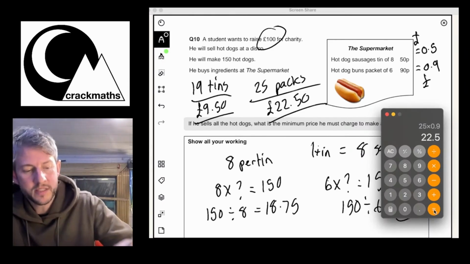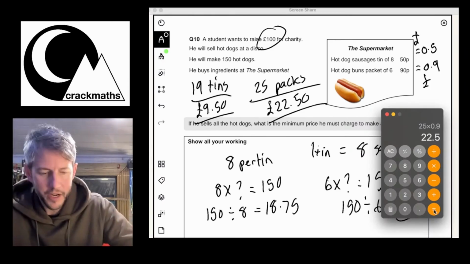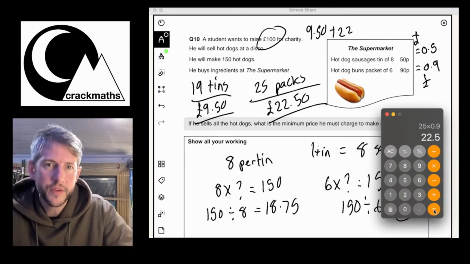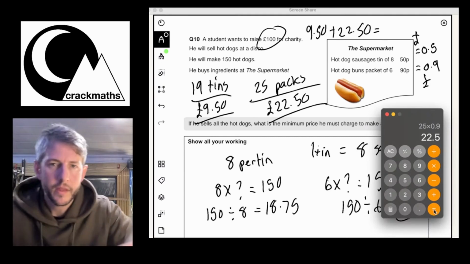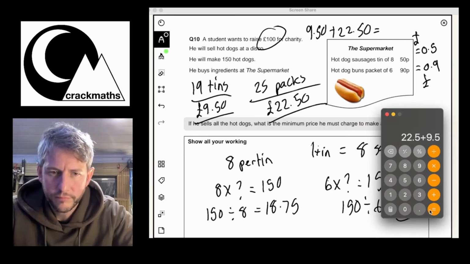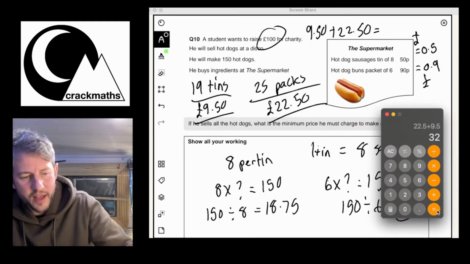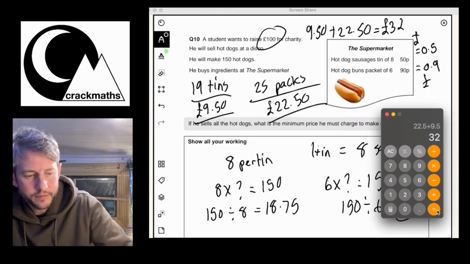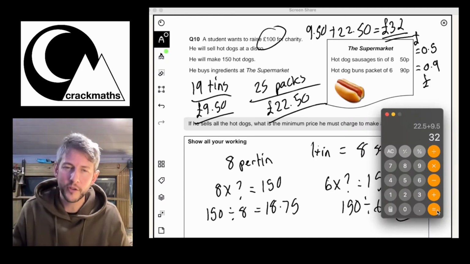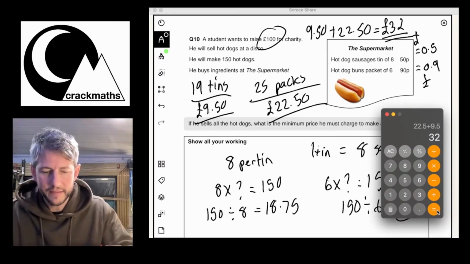So the total cost that she's spending is going to be £9.50 plus the £22.50. If I add those together, that equals £32. So we've spent £32 on the hot dogs and the buns.